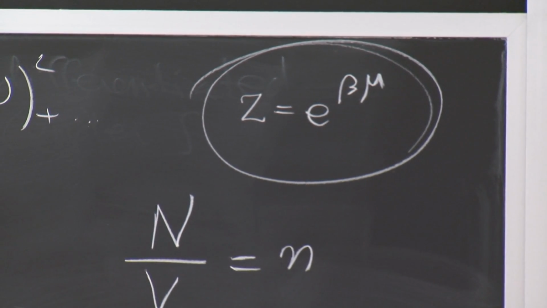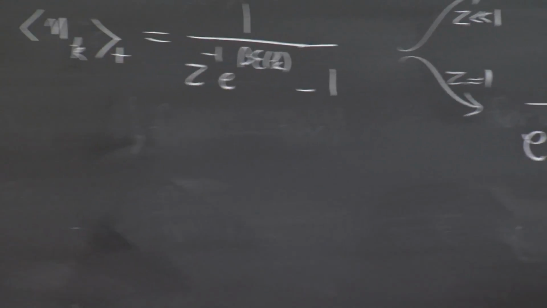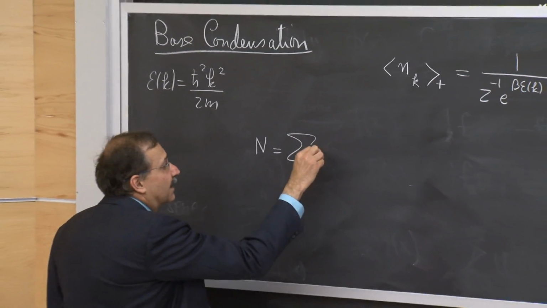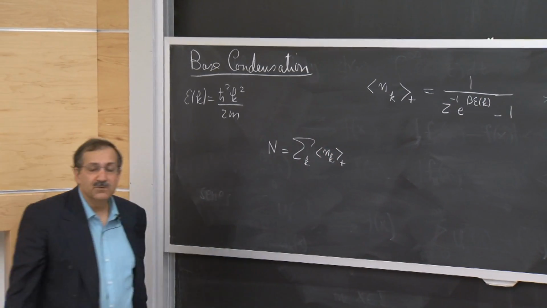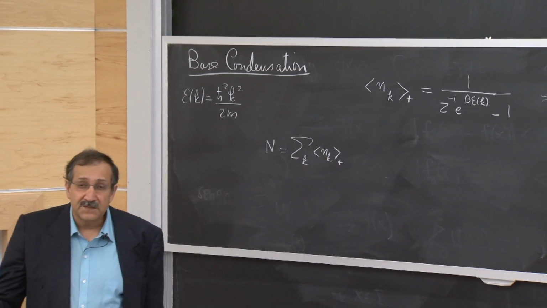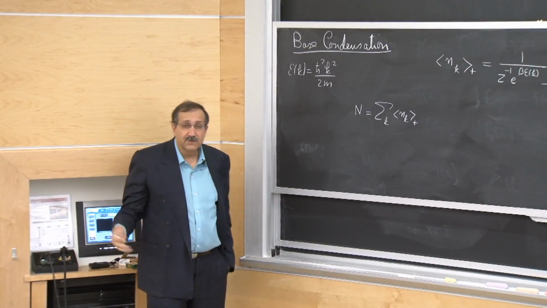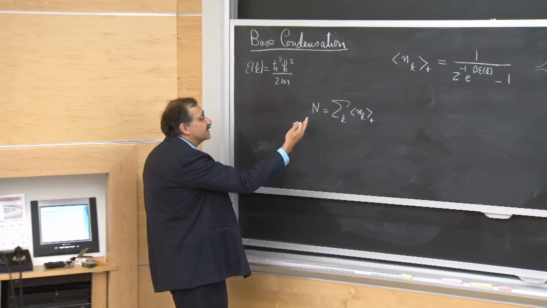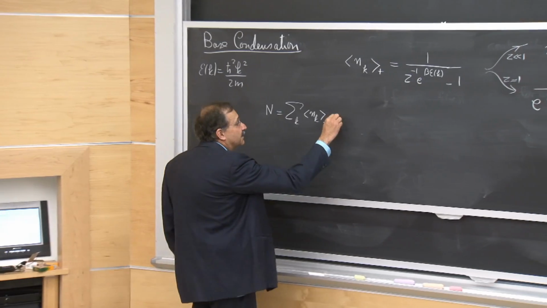We said that in the grand canonical ensemble, N is the sum over k of these expectation values. I should really put an average here, but we said that in the thermodynamic sense, fluctuations being of the order of square root of N, we are going to ignore. So this is what we would normally call the number that we have in the system.